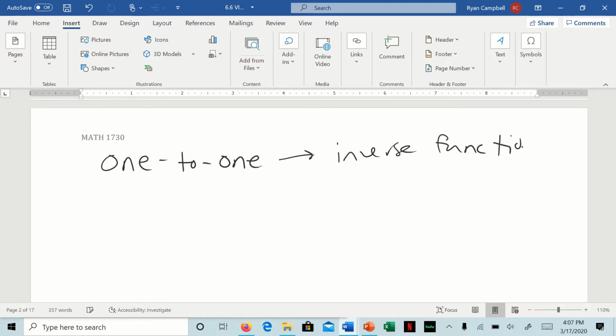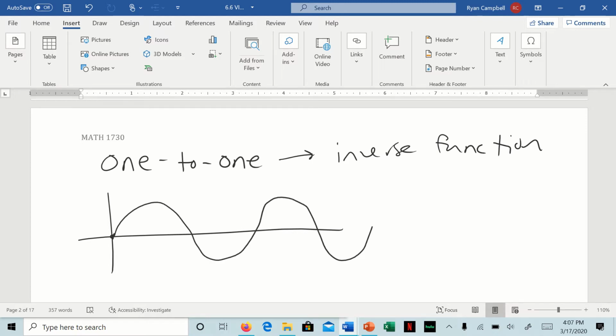So if we look at sine, is sine one-to-one? Not even a little bit, right? One-to-one should pass the horizontal line test, and sine doesn't even a little bit pass. It crosses that graph potentially an infinite number of times.